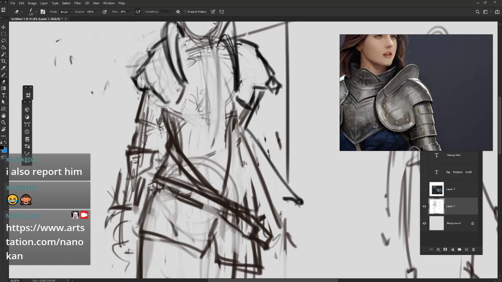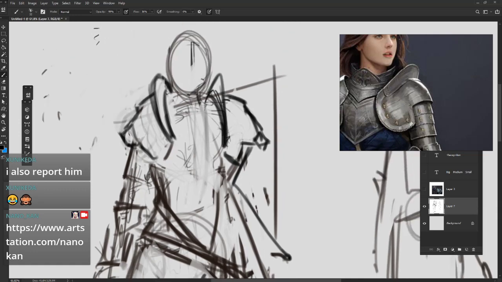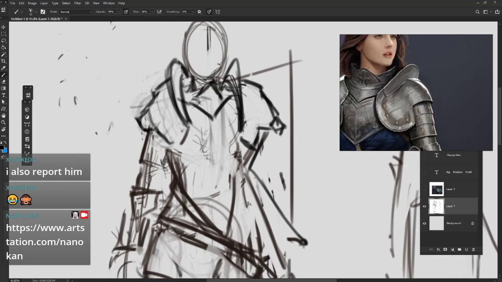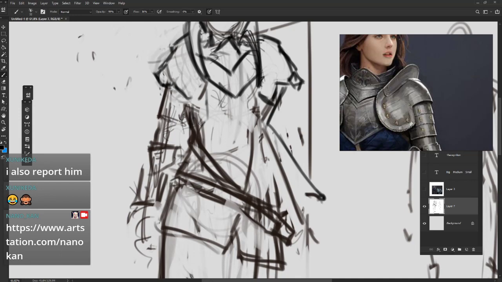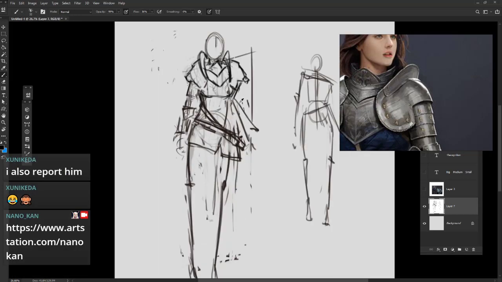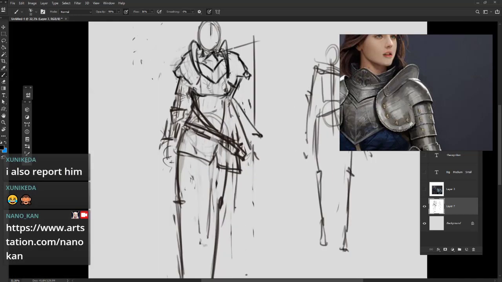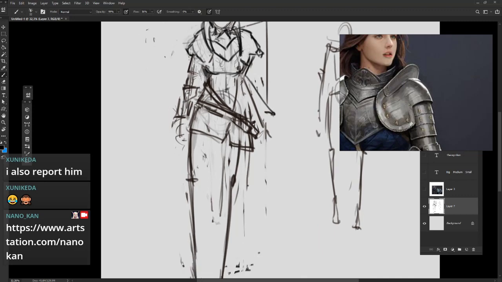Then we also need to change the perspective on this pose. I like the way her armor looks. But this time this is latex. It doesn't matter how I draw it.